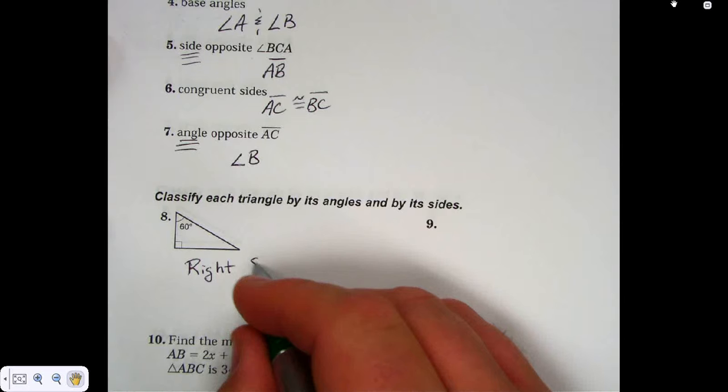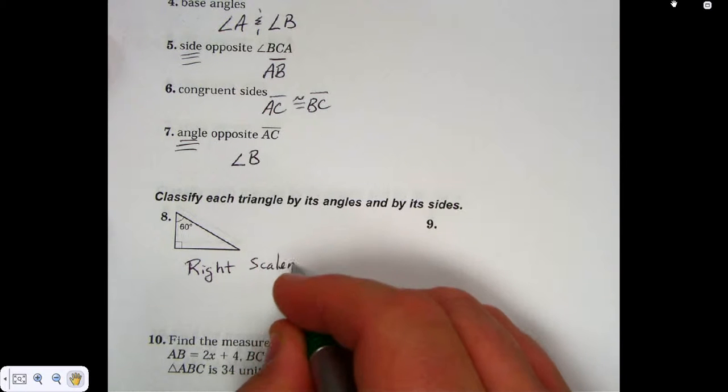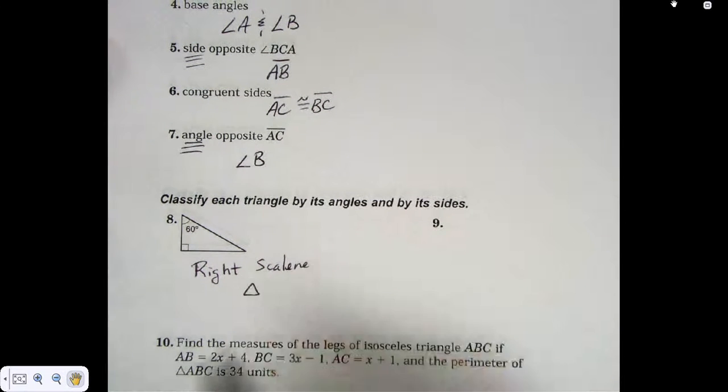So it's a right what? Scalene triangle. You use both words because the angle can affect what you get for the sides, but they're two separate classifications, so we're going to say each classification every time. Do we have to draw the triangle? No. Okay.